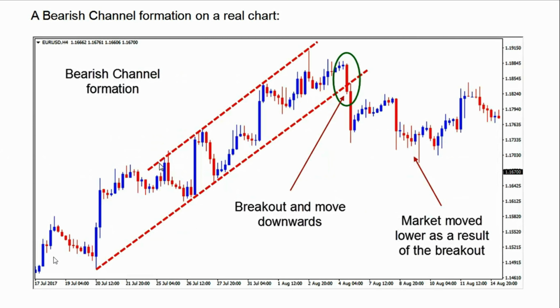Or you can measure your outer pole here and measure also your outer pole here and hit your profit target. So this is it about the bearish channel entry or bearish channel formation on actual charts.